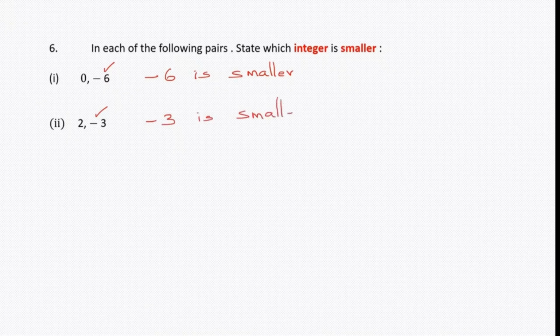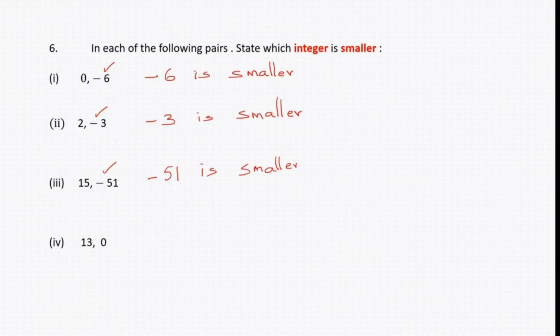Minus 3 is smaller. 15 and minus 51. Negative integers are smaller. Minus 51 is smaller. Next one. 13 and 0. Okay, 0 is smaller than 13, isn't it? So 0 is smaller.